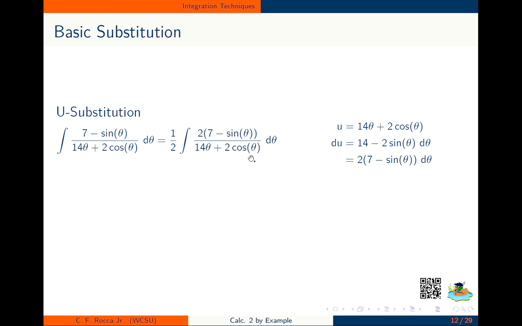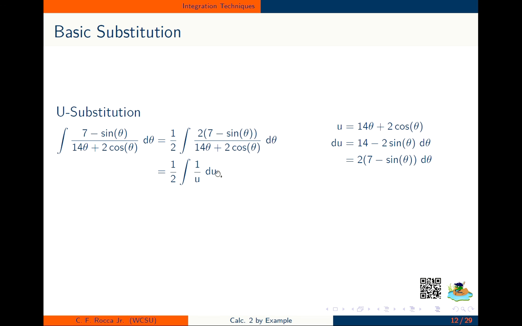Now I'm going to start making some substitutions. The 14 theta plus 2 cosine theta is equal to u. And the 2 times the quantity 7 minus sine theta, d theta, is equal to du. So I can make the substitution that the denominator gets replaced with u, and the numerator, including the d theta, gets replaced with du.